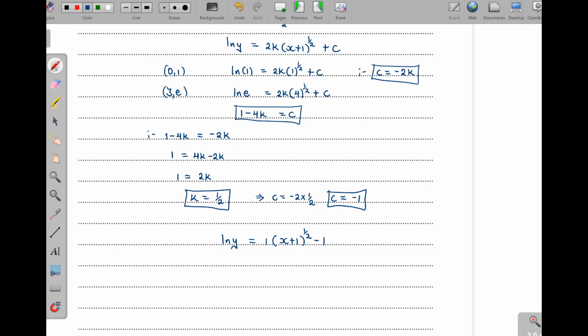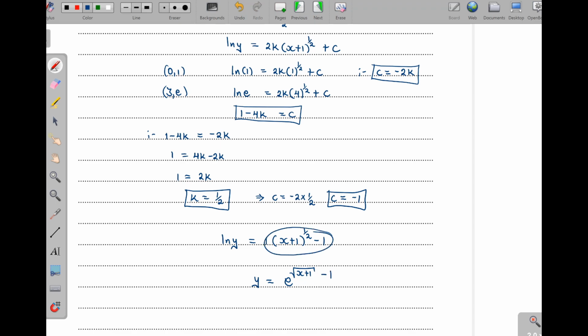Now, we can make y the subject of the formula. So our y is going to be equal to e to the power of whatever we are having here. So e power this x plus 1, I can write it like this. It is to the power of a half. So I can put it in the square root like that, then minus 1.